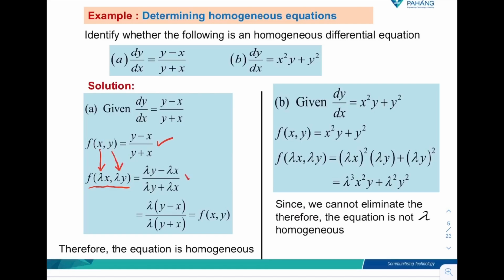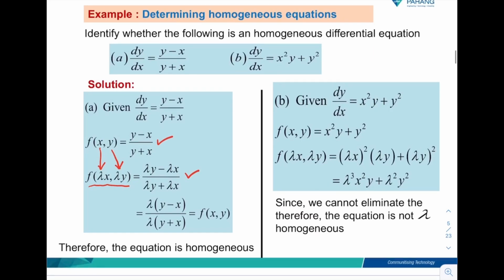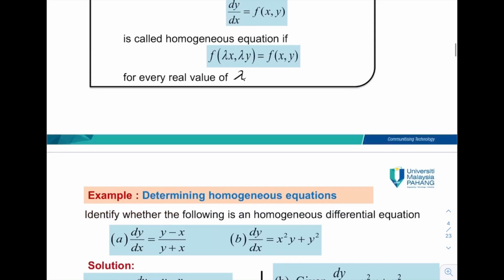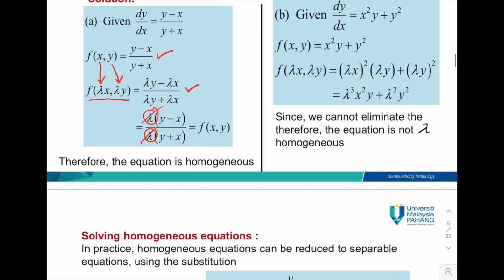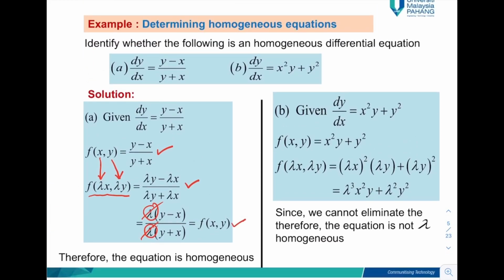Next, you have to simplify the equation. We can factorize out the lambda from the numerator as well as the denominator, and then cancel out the lambda. So we will have back (y minus x) over (y plus x), which goes back to f of x, y. So obviously the first equation is homogeneous.